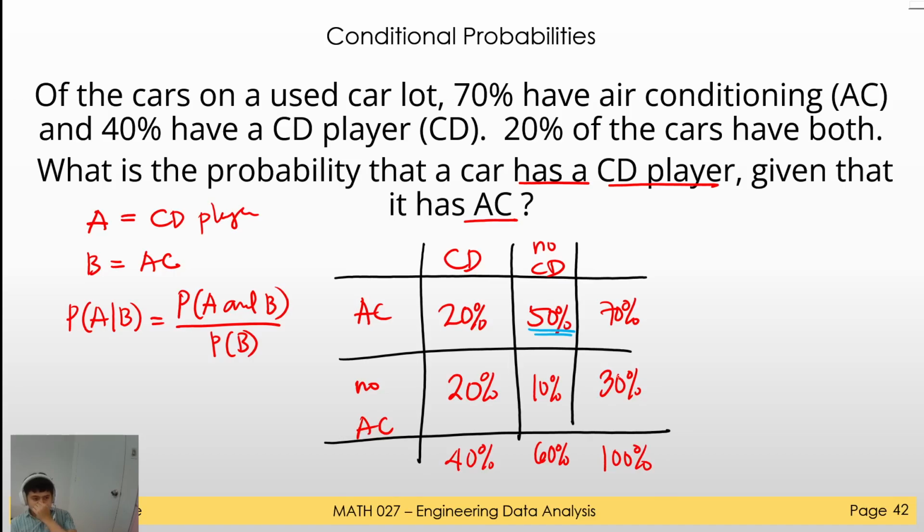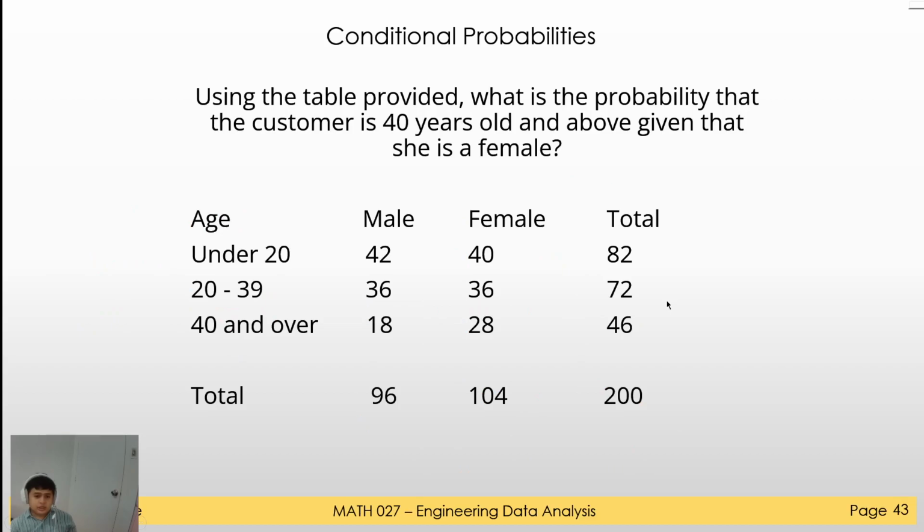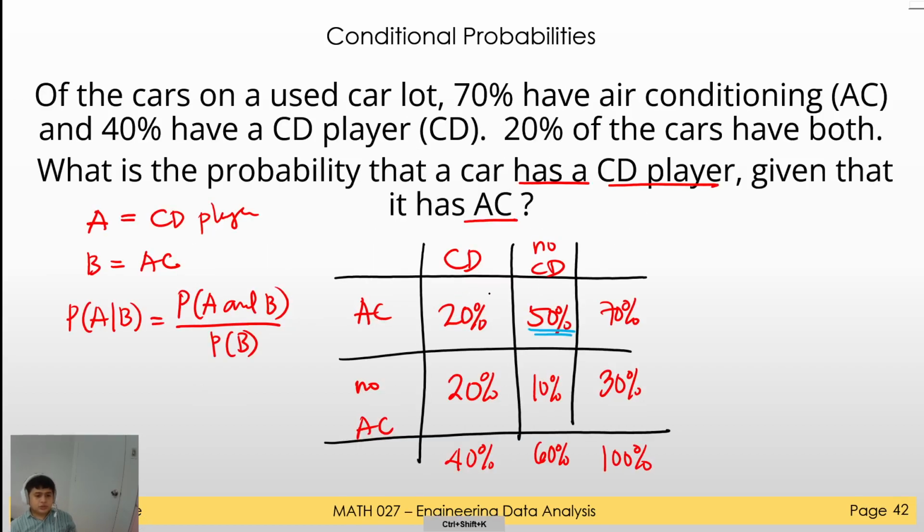Okay, so we're trying to find the probability that A and B has occurred over the probability that it has an AC.